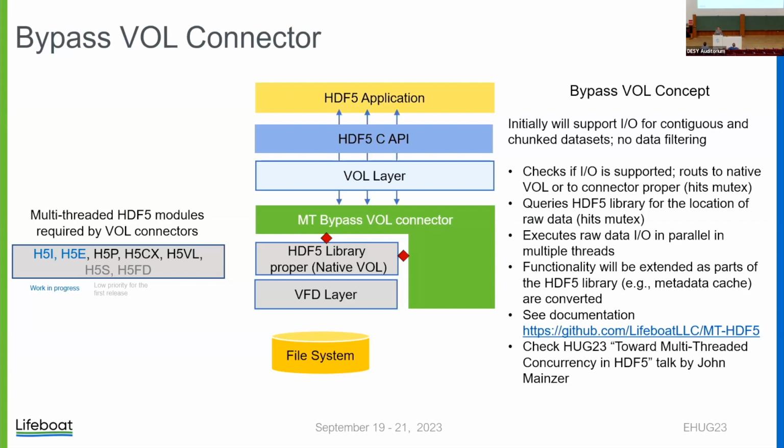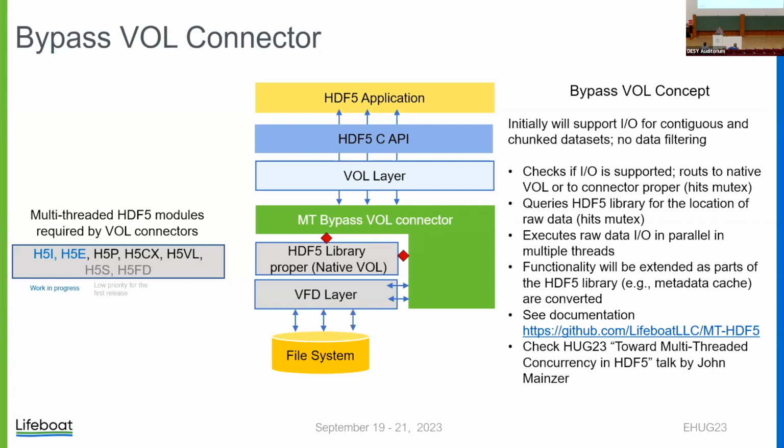Now we can allow multiple threads to enter the API and VOL layer and go through the multi-threaded pass-through VOL connector. And if we also make the VFD layer multi-threaded, we have multi-threading to the file system.